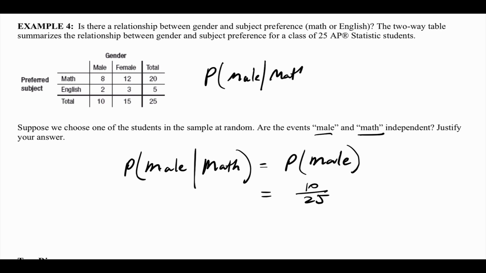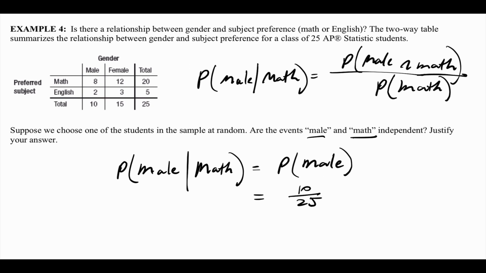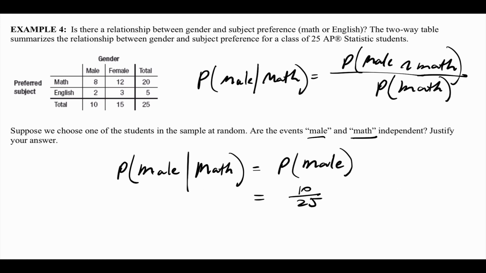Use the formula. Male given math equals the probability of male and math over the probability of the second one, math. Okay. So male and math is 8 out of 25.